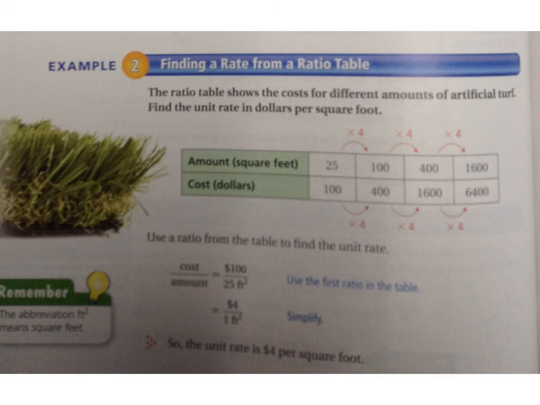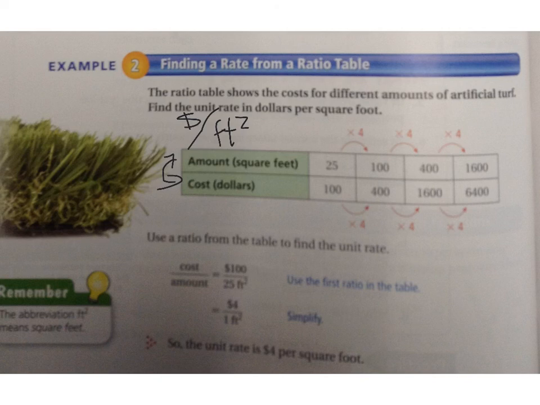So let's make a note of that on the side: when we do our fraction, we want dollars first and then square feet second. This table has square feet on the top and dollars on the bottom.